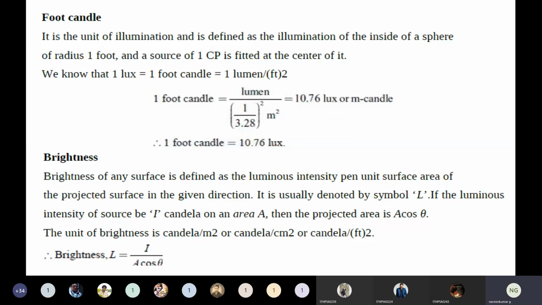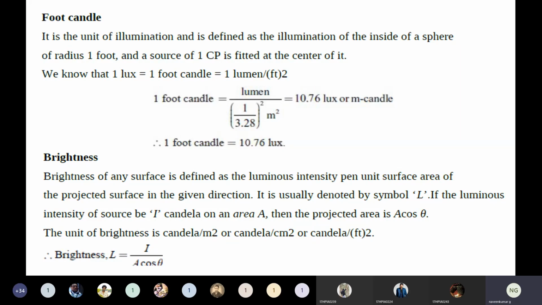Next, foot candle. Similar to meter candle, this is also defined, but the radius here is 1 foot rather than 1 meter. It is the unit of illumination. It is defined as the illumination of the inside of a sphere of radius 1 foot with a source of 1 candle power fitted at the center.